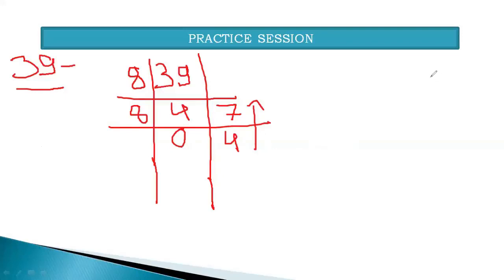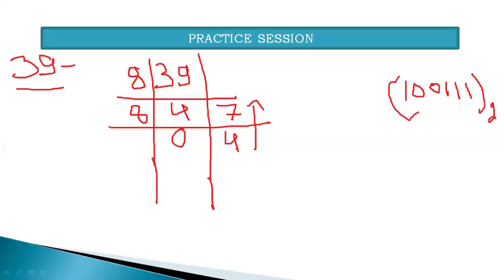So 39, which was converted into the binary number system, had the binary value 100111.